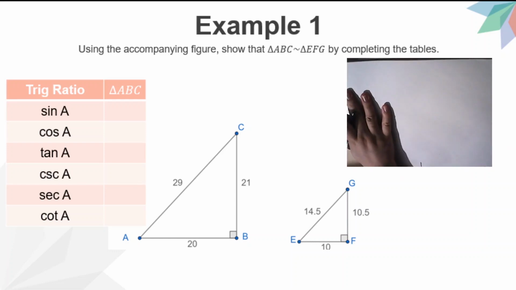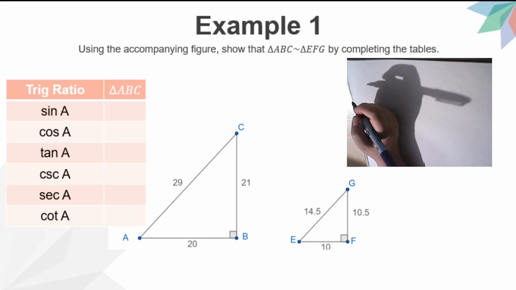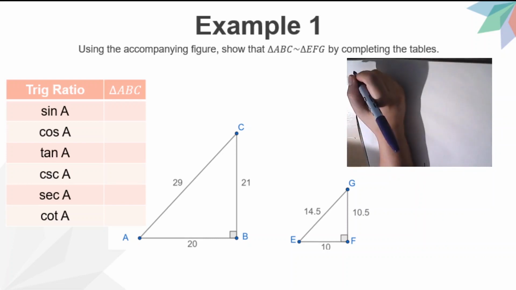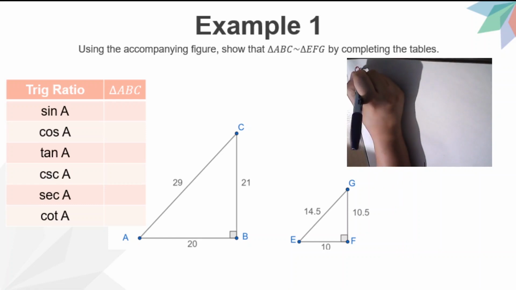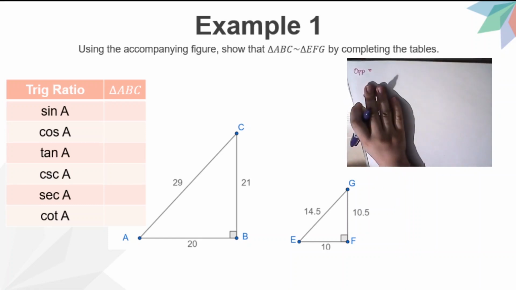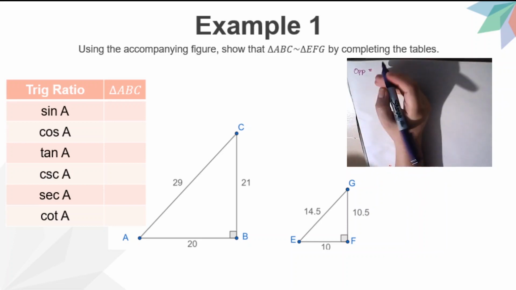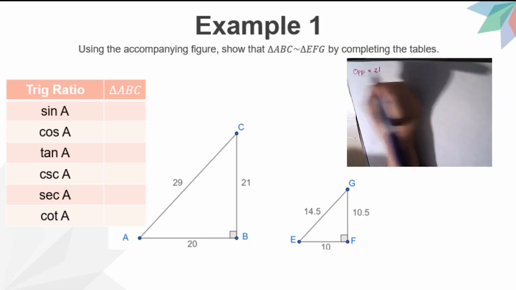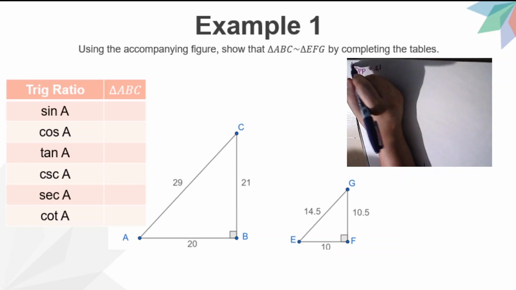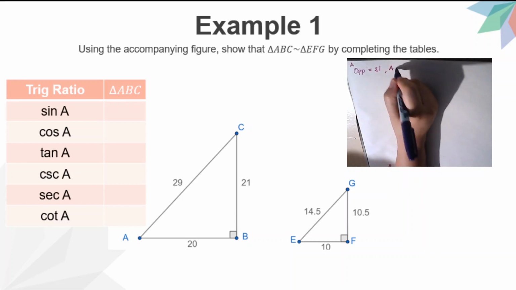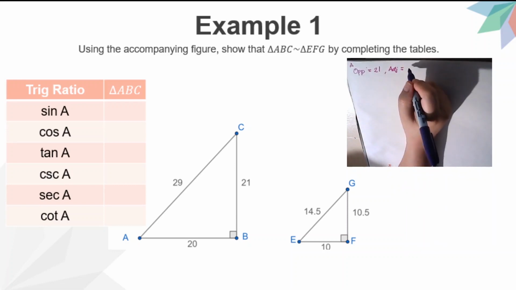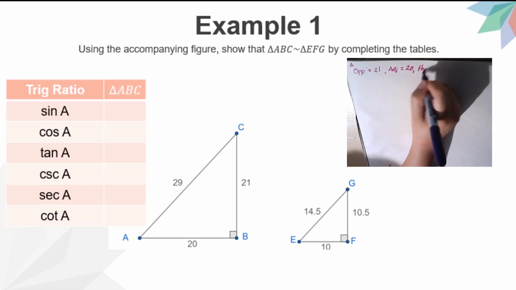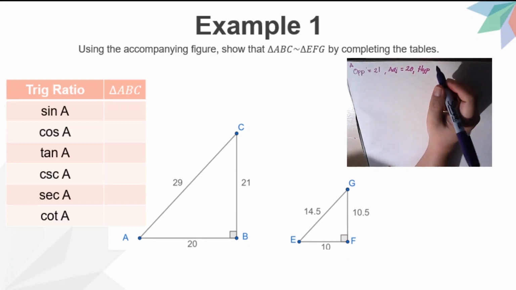Now let us have our first triangle ABC, whose opposite and adjacent sides are the following. If we are referring to angle A, the side opposite angle A measures 21 units, the side adjacent to angle A measures 20 units, and the hypotenuse is 29 units.